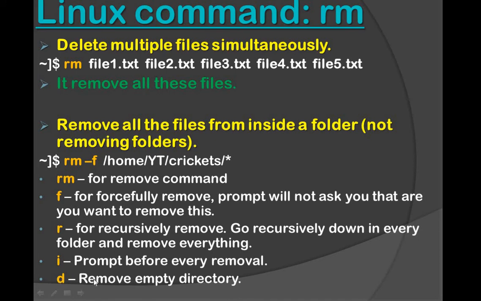And d means remove empty directory. If you want to remove an empty directory, then you should use -d. Without -d you cannot remove an empty directory. So we can use the rm command in different ways.